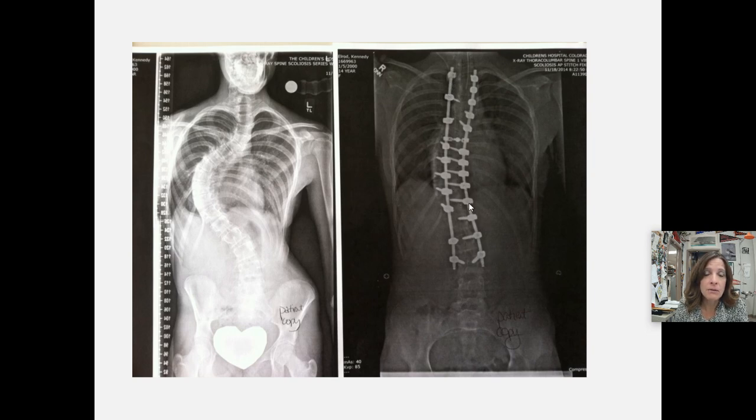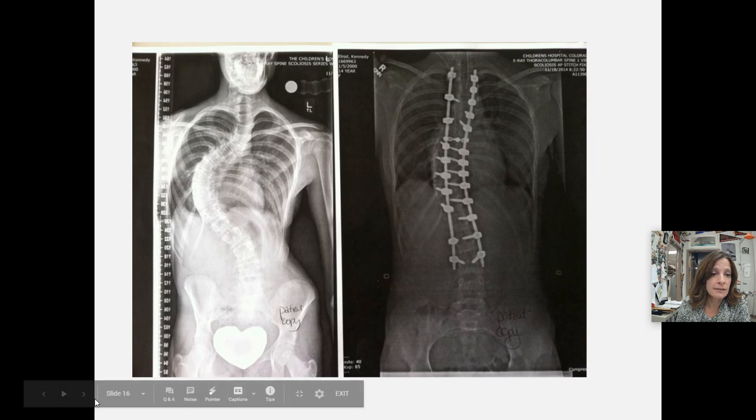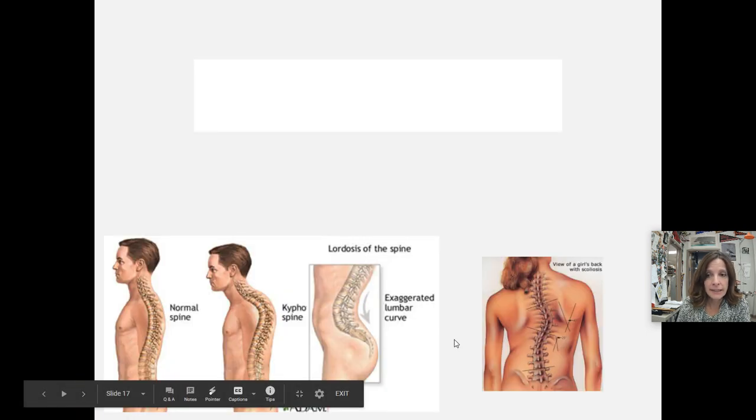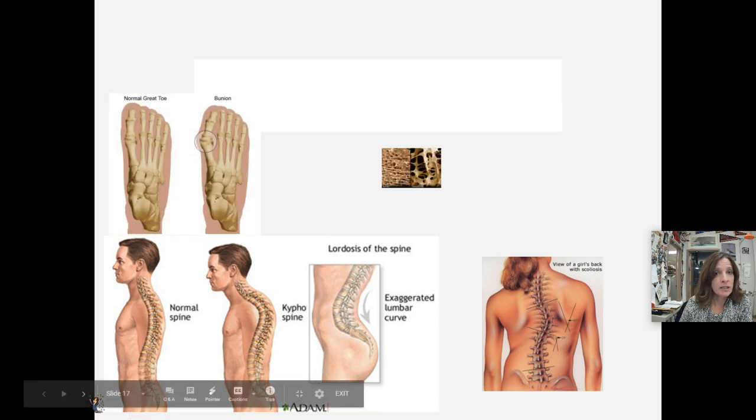People can also need to wear braces around their torso to help straighten up their spine. This was a pretty severe case of scoliosis, but it's the lateral curvature. It's to the side like an S. And then here's just some other pictures of kyphosis and lordosis, and then here's another picture of scoliosis and a bunion.